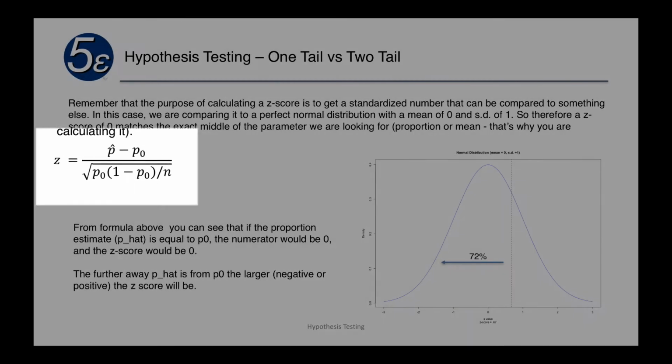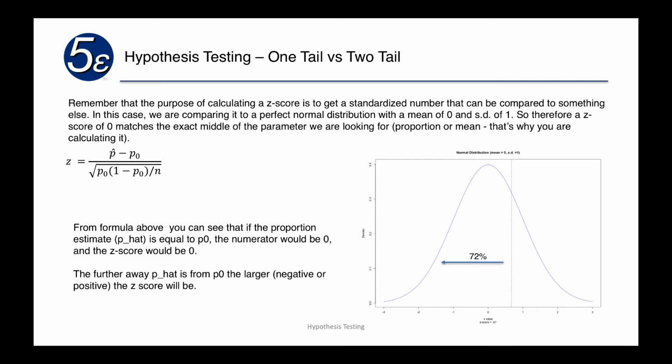And you can see that if the proportion estimate p hat is equal to p0, the numerator, the top, would be 0, and therefore our z-score would be 0. And so that means it would lie directly in the middle and that they would be equal. And so that would be an indication that we should not reject our null hypothesis that the two are equal.